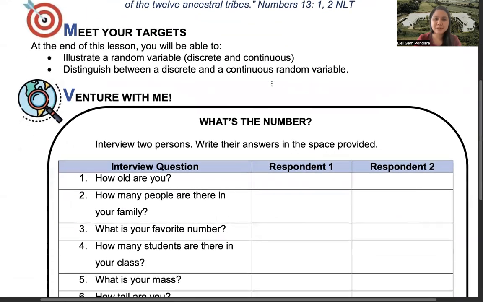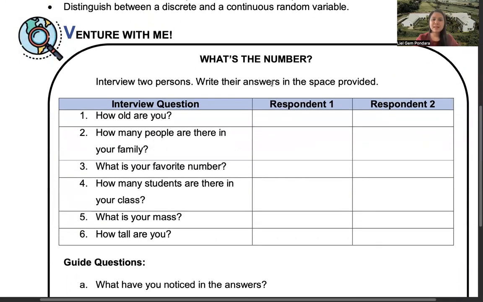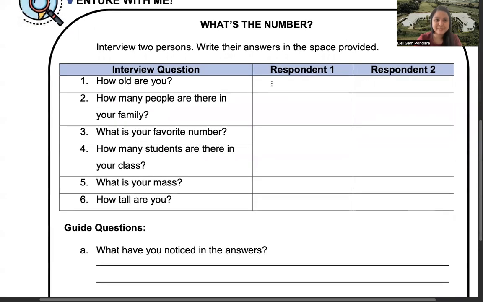Now, for example, imagine you'll be interviewing two people and you will write their answers on the space being provided. So, for example, how old are you? Let us try to imagine that we're answering for somebody.